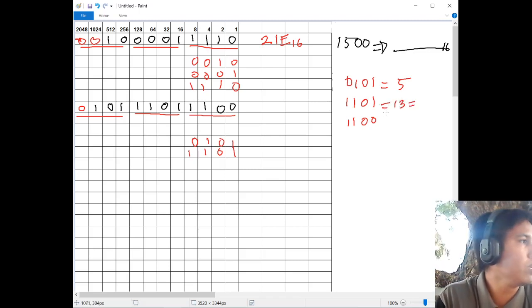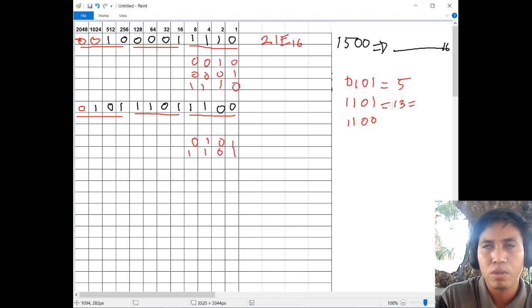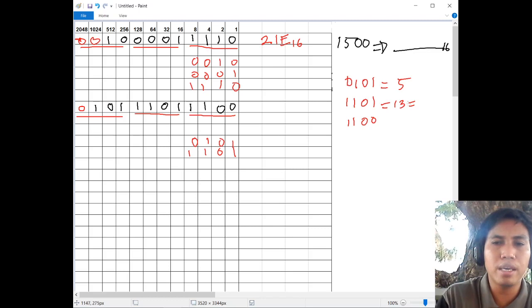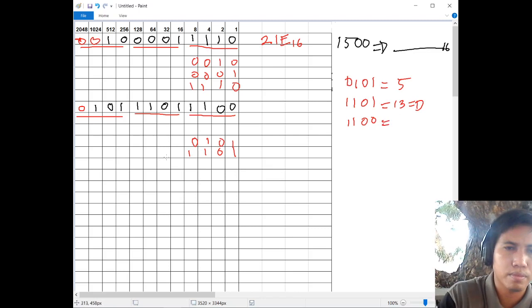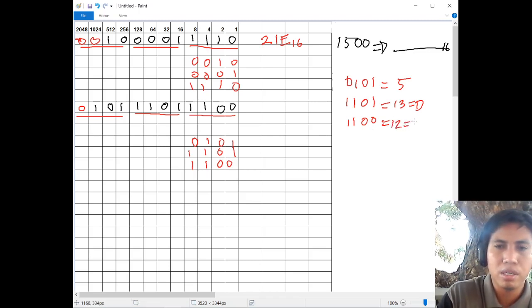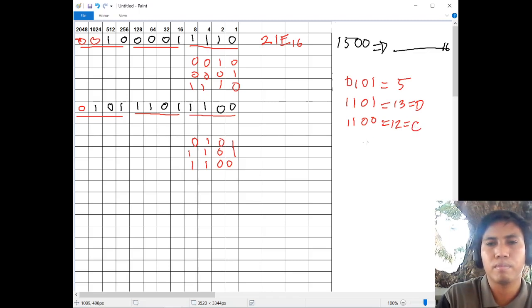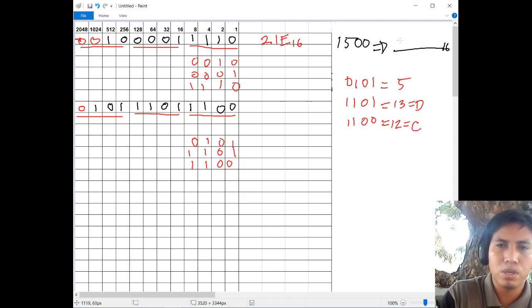So instead of putting 13, because this is already 2 digits, we use letters: 10 is for A, B is for 11, C is for 12, and D is for 13. So this is D. Next, 1, 1, 0, 0. So 8 plus 4, that would be 12. And we represent it using letters, that would be C. So the digits now is 5, D, C.